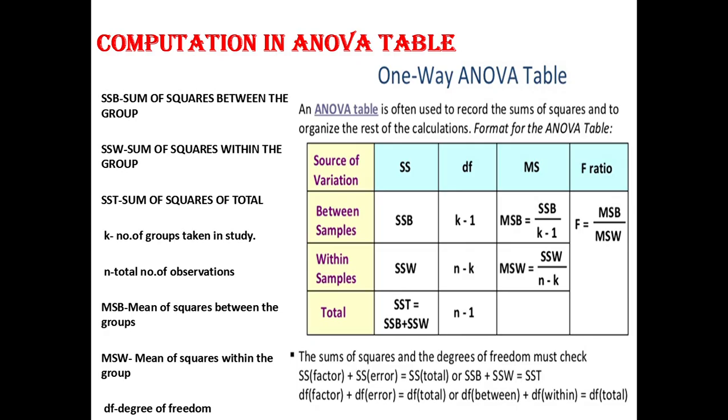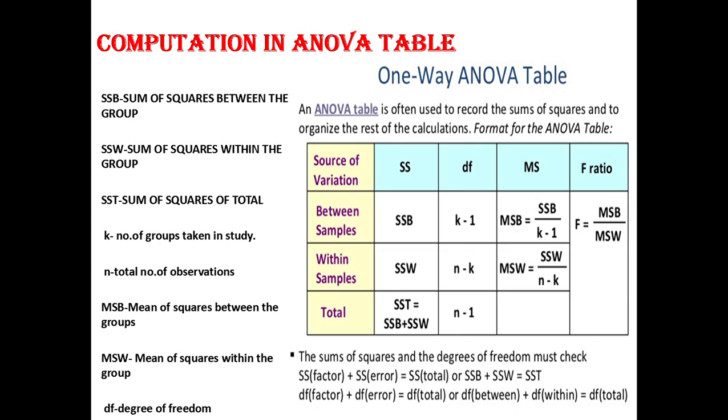The sums of squares and degrees of freedom must check: SS factor plus SS error is equal to SS total, or SSB plus SSW is equal to SST. DF factor plus DF error is equal to DF total, or DF between plus DF within is equal to DF total.